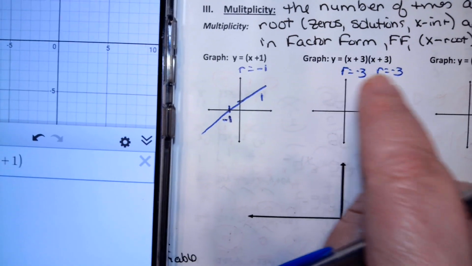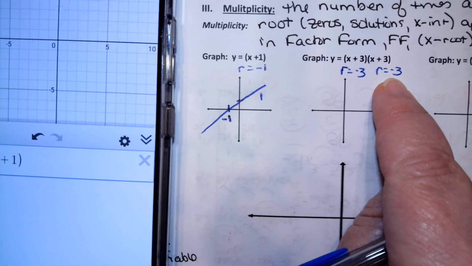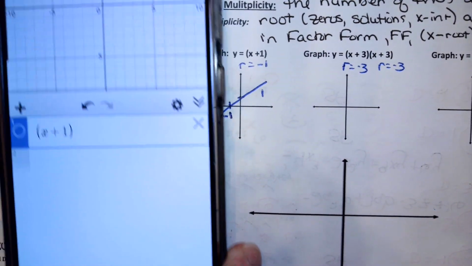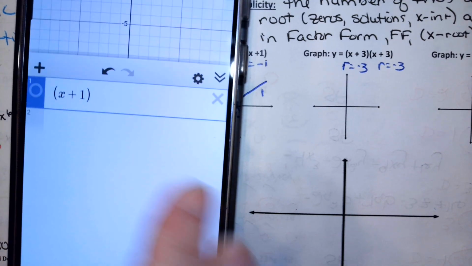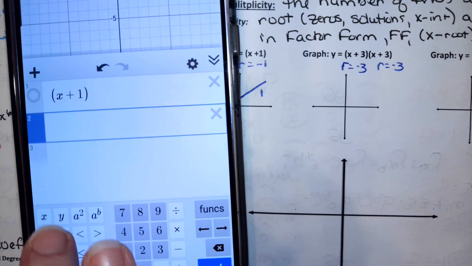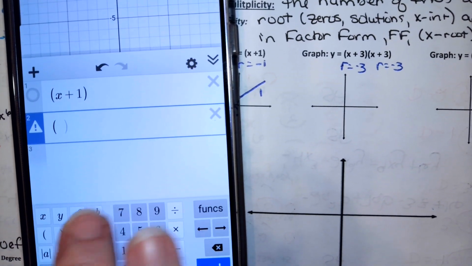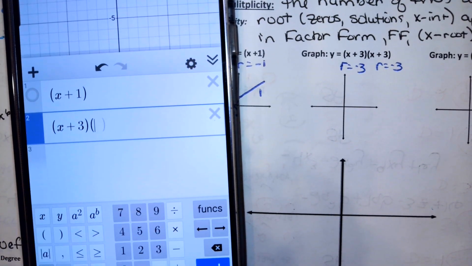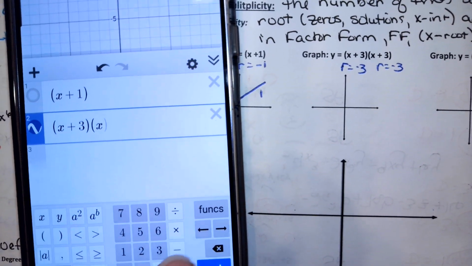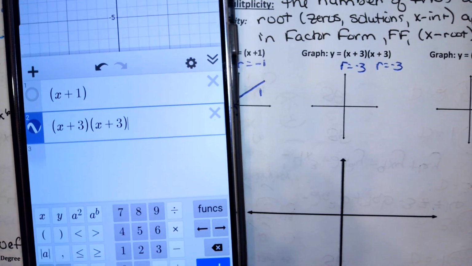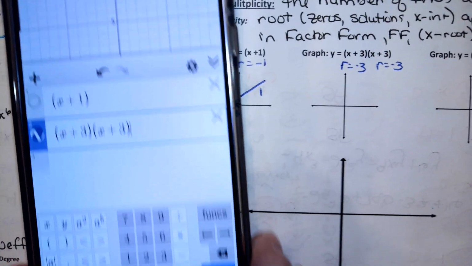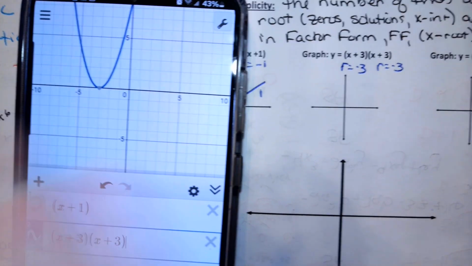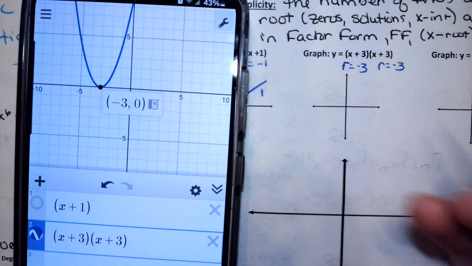It can be used more than once, but it's still just a negative 3. So let's look and see what that graph would look like. We've got x plus 3 times x plus 3. We can see that that is a parabola at an x value of negative 3.